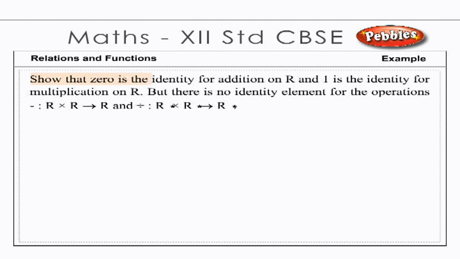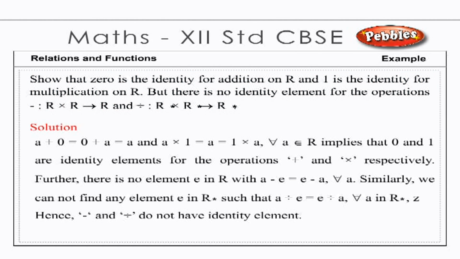Show that 0 is the identity for addition on R and 1 is the identity for multiplication on R, but there is no identity element for the operations subtraction, R cross R to R, and division, R* cross R* to R*. Solution. a plus 0 is equal to 0 plus a is equal to a, and a into 1 is equal to a is equal to 1 into a for all a belongs to R. This implies that 0 and 1 are identity elements for the operations addition and multiplication respectively.